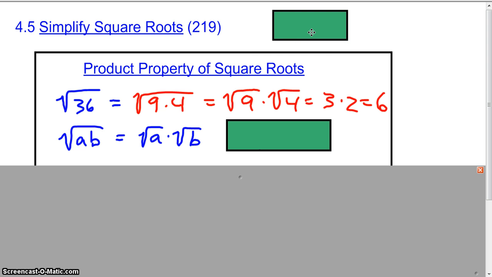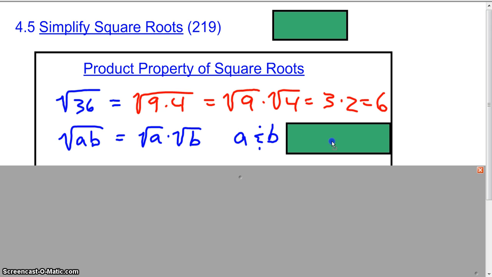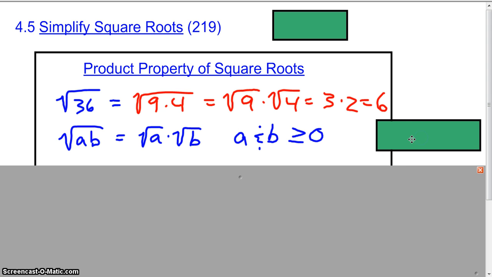Yeah. And so we are taking the square root of A and the square root of B. The difference this time is we don't know what A or B are, right? So it's hard to simplify this new expression, okay? A and B, though, must be greater than or equal to 0.